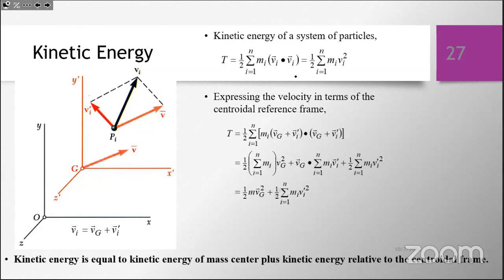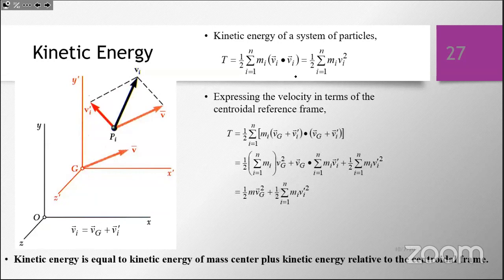Well, turns out that that's the same as the sum of the kinetic energy of all the particles individually. So if you look at each of the particles individually and sum them up, you get 1/2 the sum of m_i v_i squared, okay?